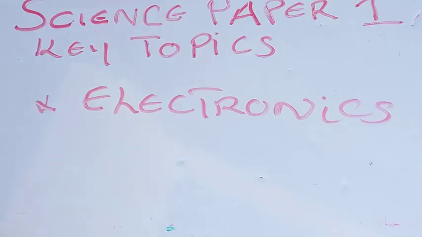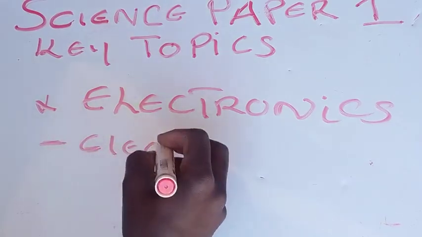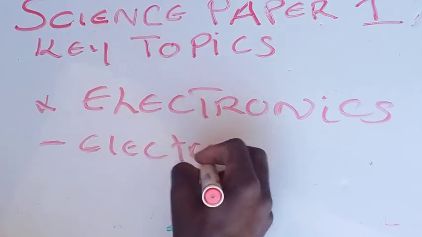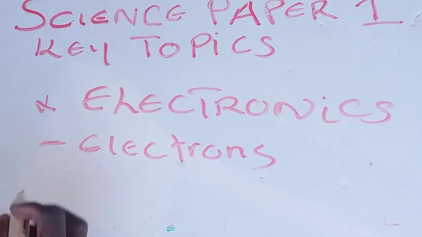Under electronics, you need to understand electrons, and these things are simple. You're going to find electrons in chemistry. You're going to find electrons in physics. Very much simple, so understand these things. They are simple, but they confuse people during exams. So please revise and go through.